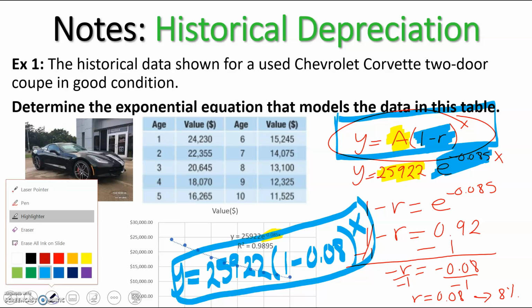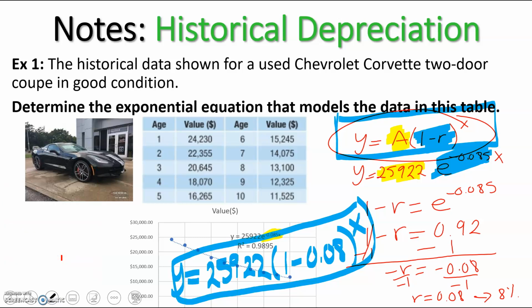The cool thing is, this equation tells us a lot of information. A is the starting value of the car. The 0.08 is the percent it's losing in value each year. And it's easier to see that information directly from this version of the equation than it is from the base e version.